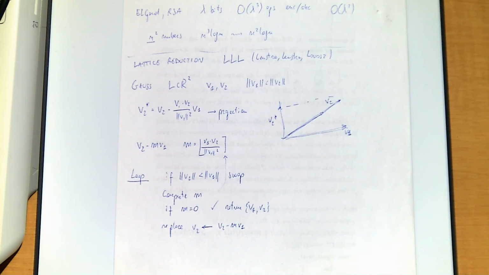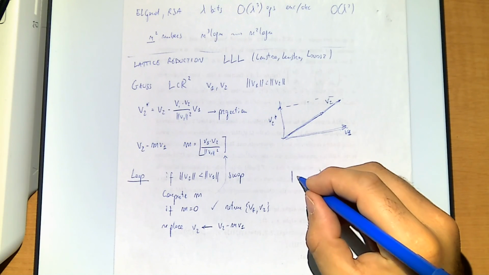That's your basis. Okay? So when the algorithm terminates, the vector V1 is the shortest one because you keep swapping, right? And so this algorithm is actually solving SVP in 2 dimensions. And you know that in 2 dimensions you have the angle.